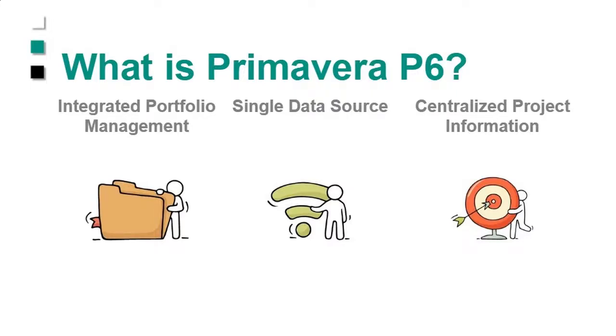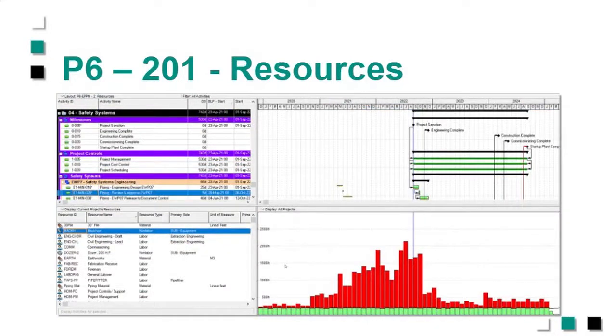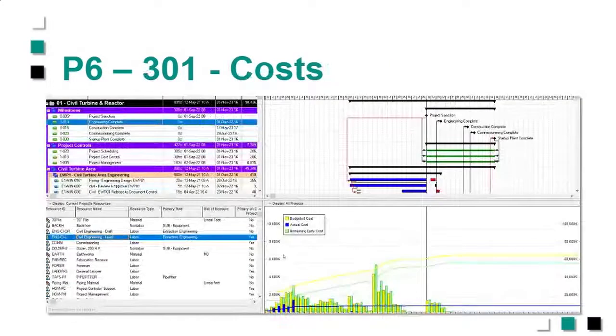What we're going to want to do is take a look at how you build out schedules. This is just a Gantt chart, and you can have it with multiple projects. We're going to want to see how we can look at resources and see whether we've got some overloads, and I'm going to show you that live. And we're going to take a look at costs as well. So how do we look at costs?